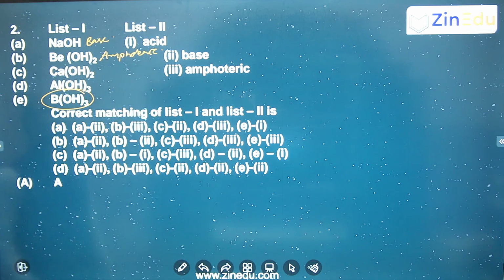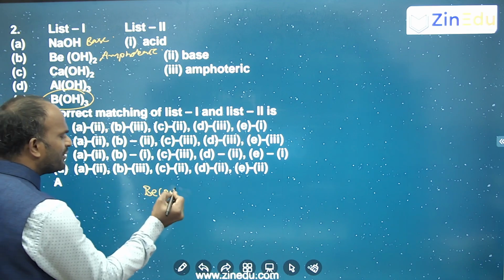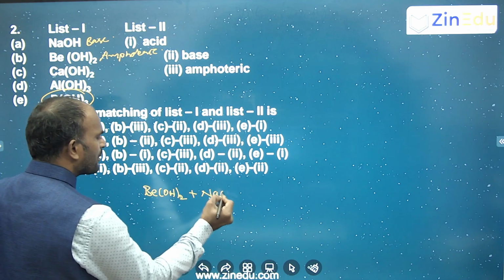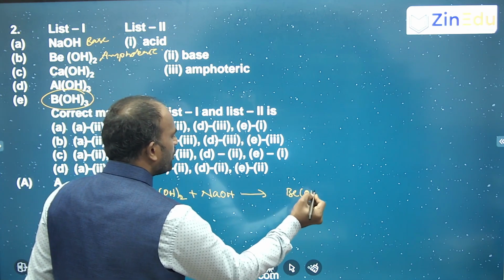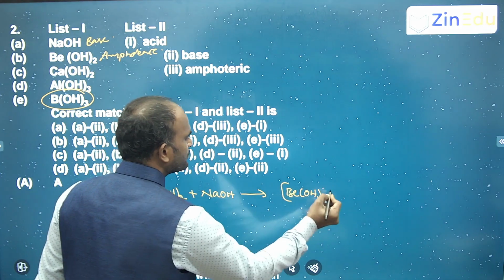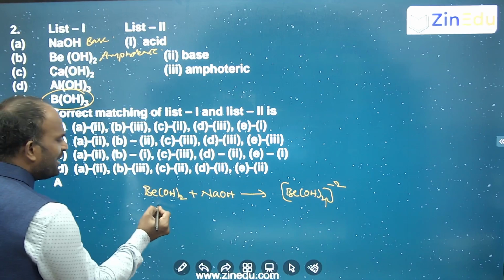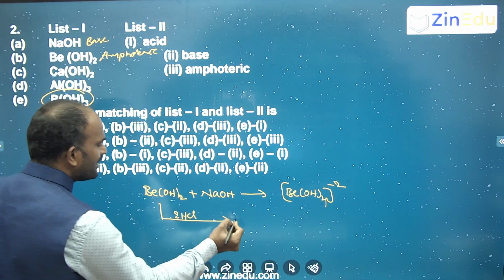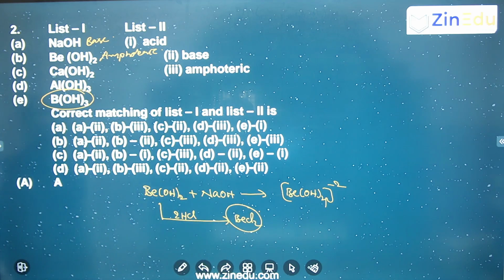Beryllium hydroxide is amphoteric in nature because whenever you react it with 2 moles of sodium hydroxide, it is going to give Be(OH)4 2 minus. At the same time, when beryllium hydroxide reacts with 2 moles of HCl, it is going to give BeCl2, such that beryllium hydroxide is amphoteric in nature.